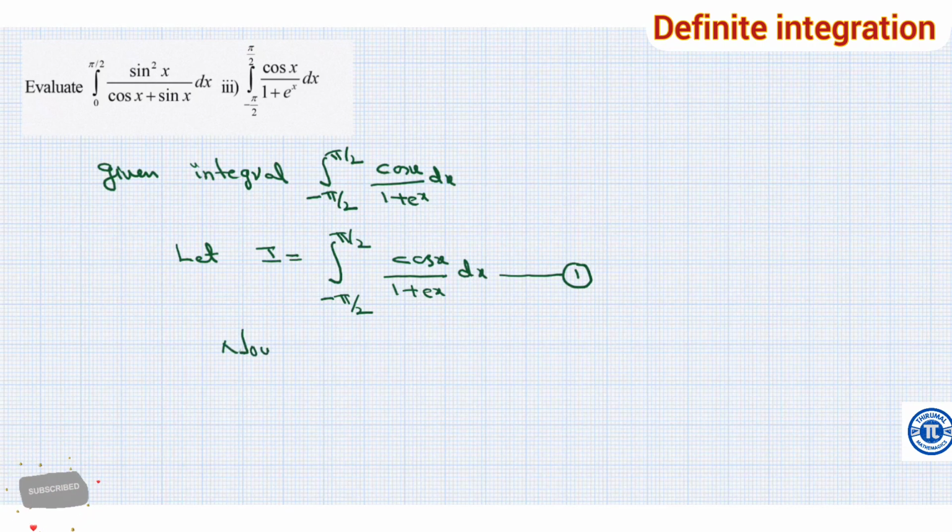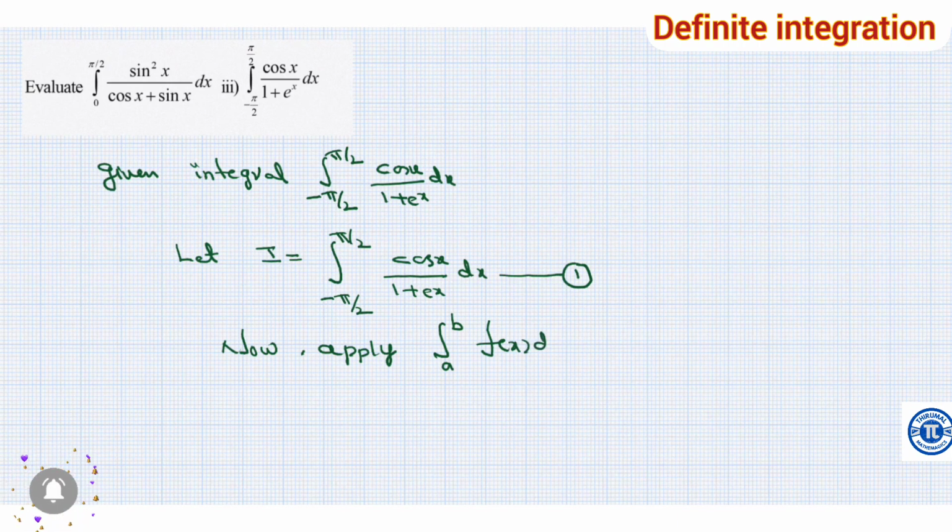Now apply the property: integration a to b f of x dx is equal to integration a to b f of a plus b minus x dx.